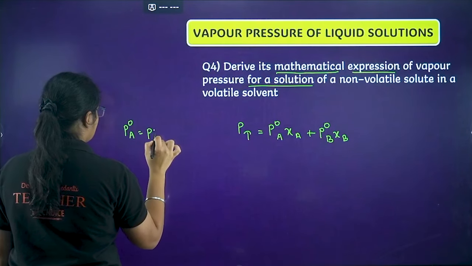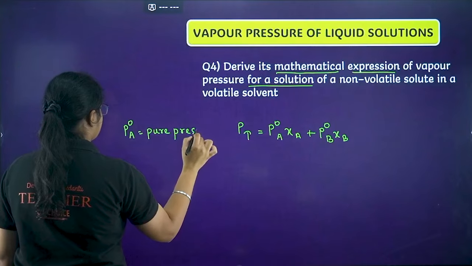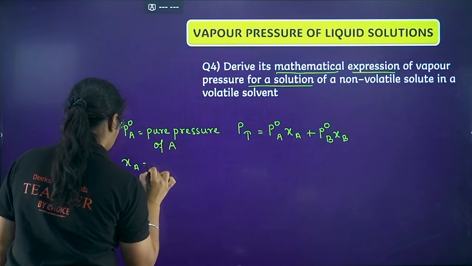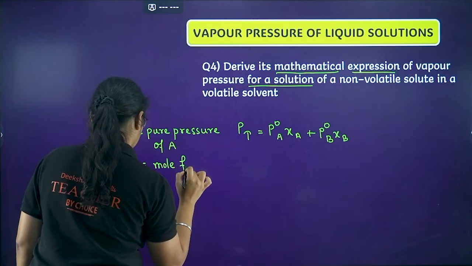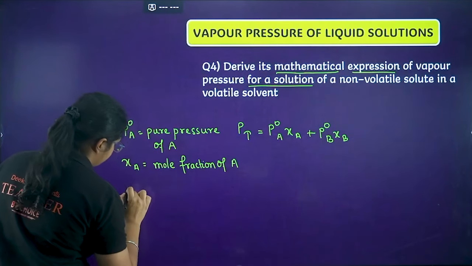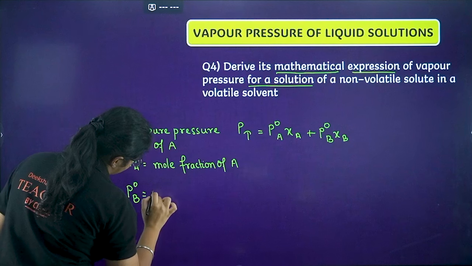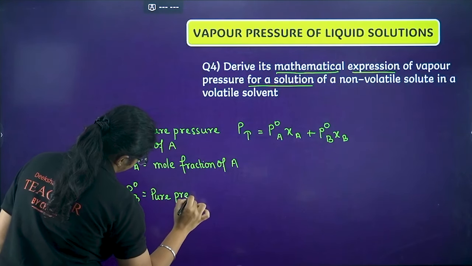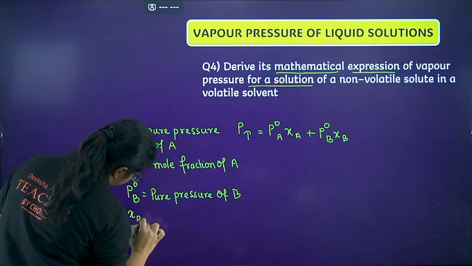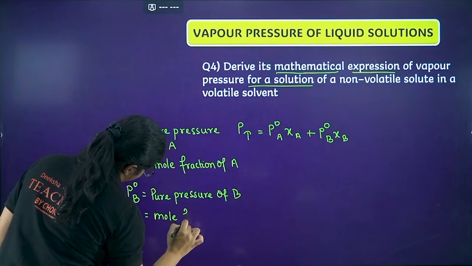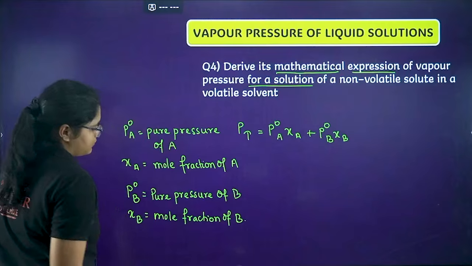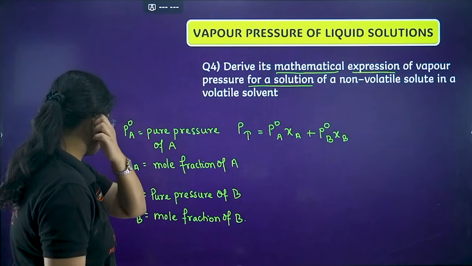P naught A is the pure pressure of A, XA is the mole fraction of A, P naught B is the pure pressure of B, and XB is the mole fraction of B. So these are the four things we have.